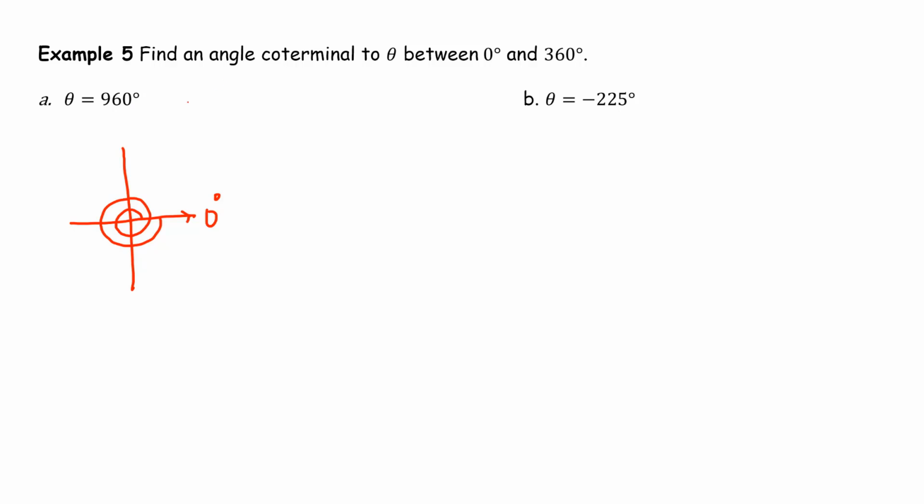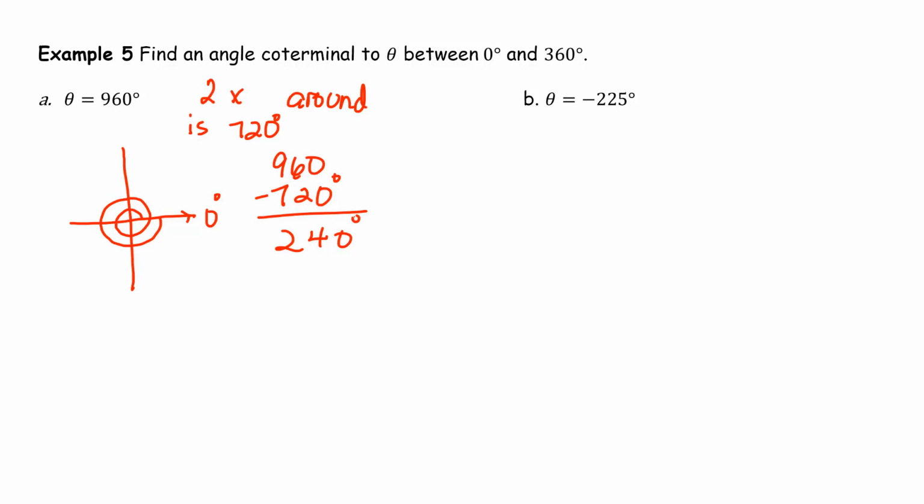So 960, if you spin around twice, 2 times around is 720, 360 plus 360. And 960 minus 720 is just 240 degrees.